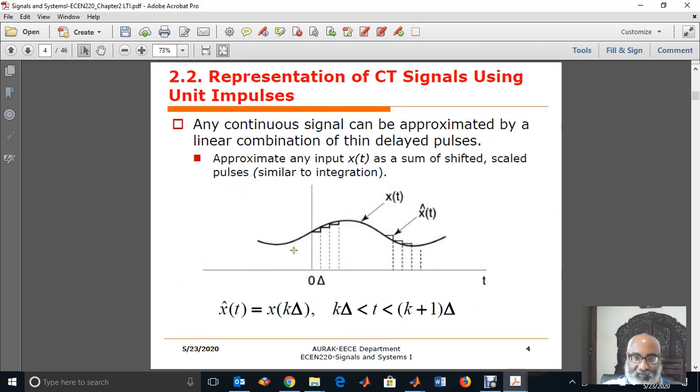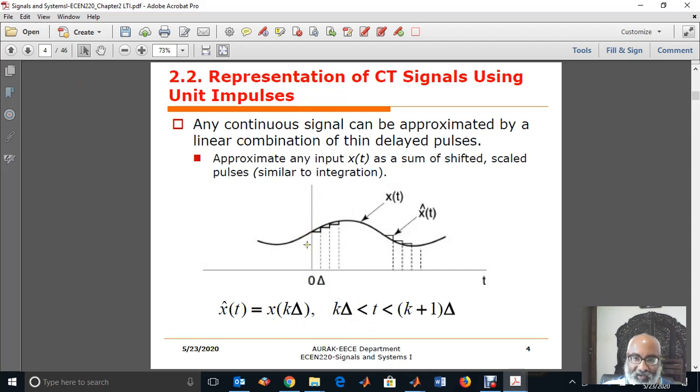To start with, if we have any continuous time signal, we can approximate it using a staircase function. Here, for example, this signal is continuous in time. For the duration 0 to delta, I can approximate it as a constant value, which is x of k delta, for the duration k delta less than t less than (k plus 1) delta.